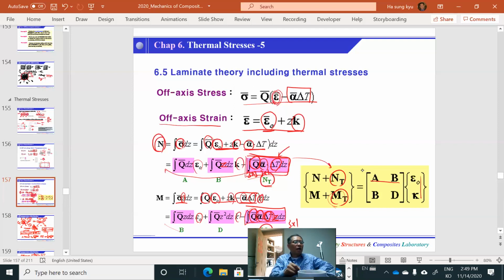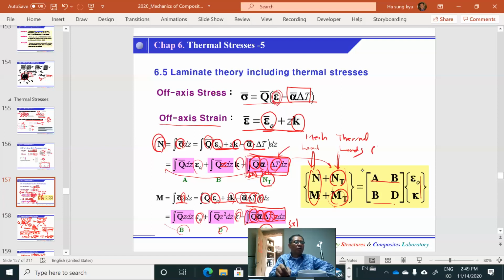Other than that, other terms are exactly the same: epsilon 0 and curvature, and B and D. Compared to this and that, this is the purely mechanical load, and this is the purely thermal load.